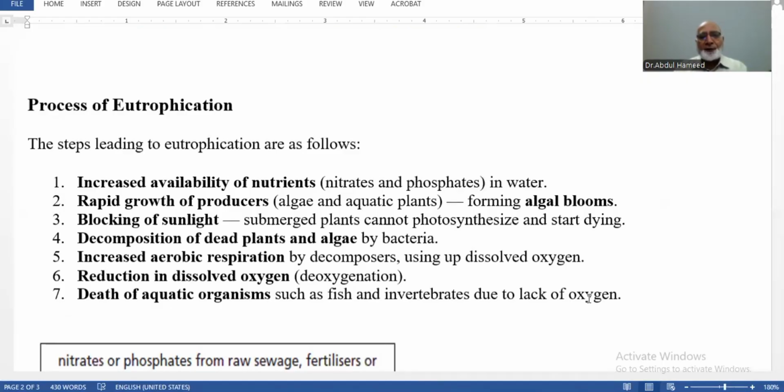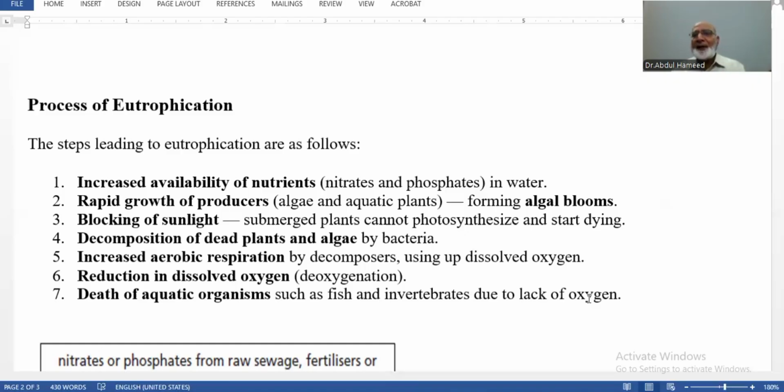Submerged plants cannot photosynthesize and start dying, and even algae and plants die. Then comes decomposition of dead plants and algae by aerobic bacteria. Increased aerobic respiration by the decomposers, for example bacteria, uses up the dissolved oxygen in that water body. Then there will be reduction in dissolved oxygen, deoxygenation, and death of aquatic organisms such as fish and invertebrates due to the lack of oxygen.